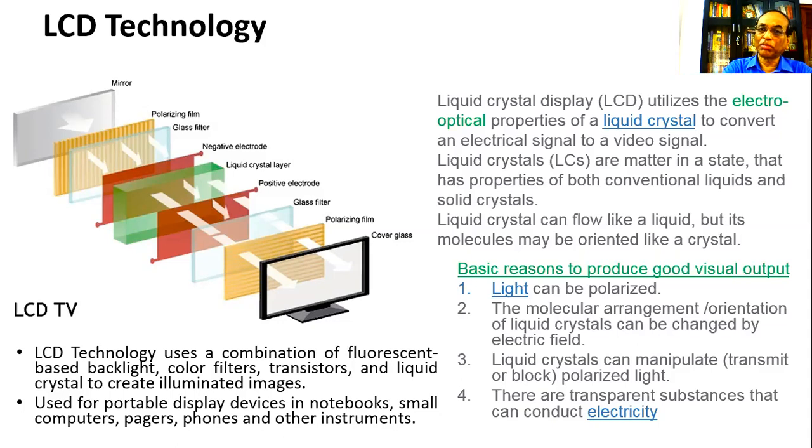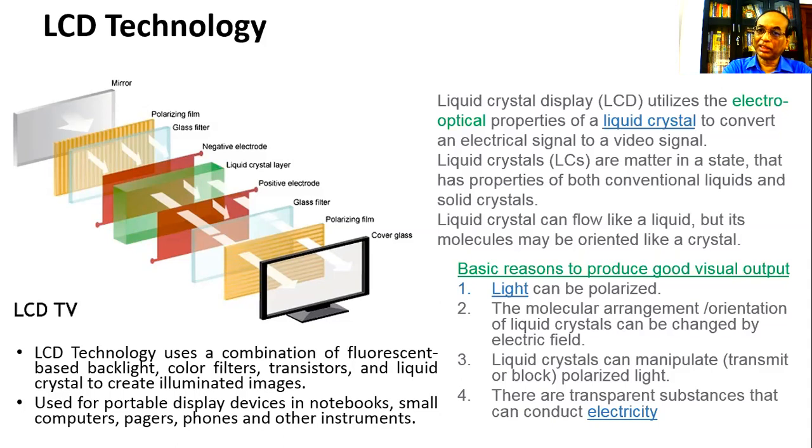But it has a combinational property. So this combinational property can be modulated with the help of the electrical signal. Liquid crystal can flow like a liquid, but its molecules may be oriented like a crystal. That is a very basic combinational property.